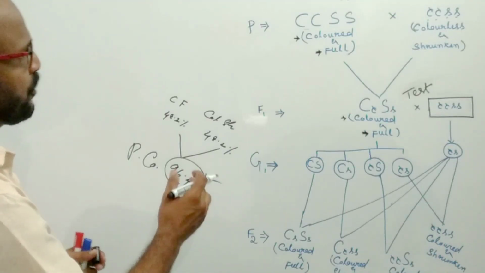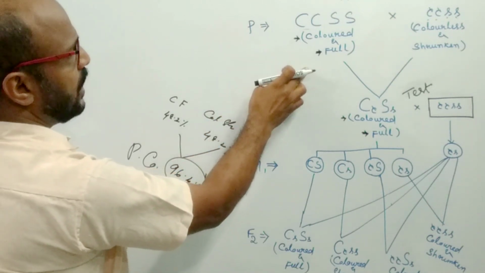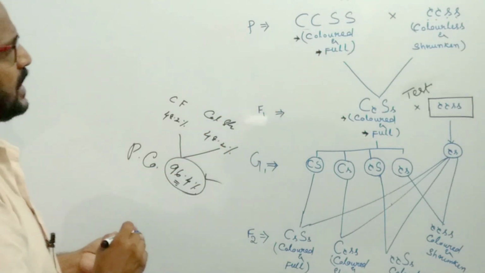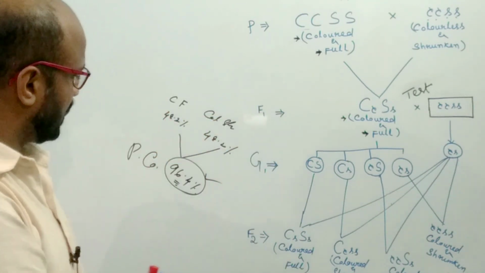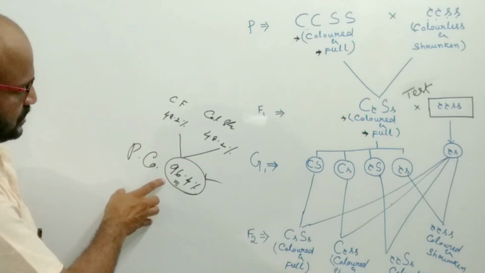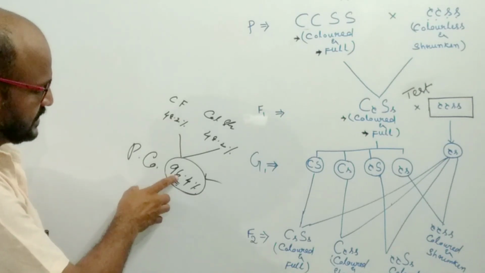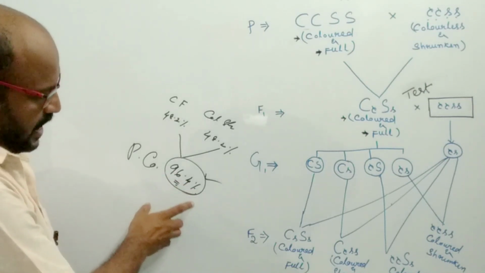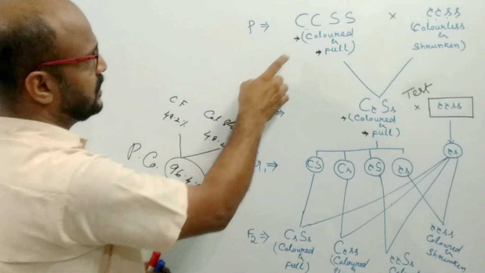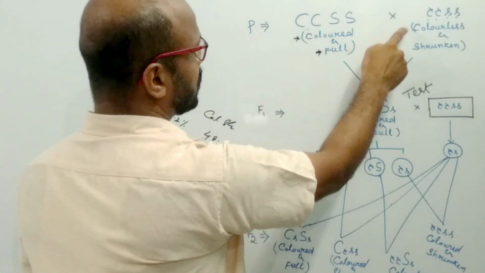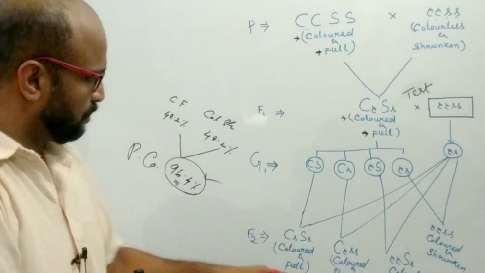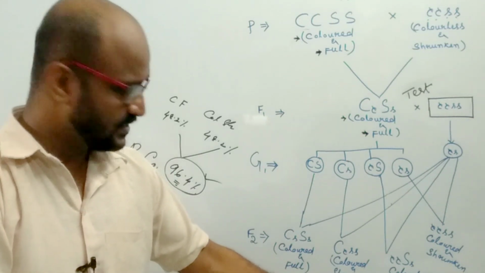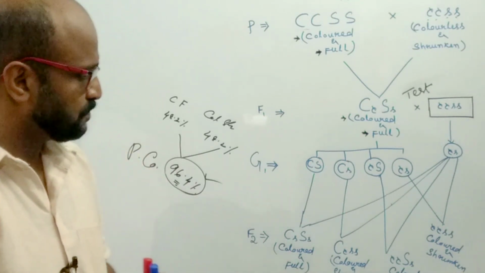Here Morgan pointed out that colored and full, and colorless and shrunken, are linked characters and are inherited together. That's why the parental combination was more numerous, 96.4%, while the non-parental characters, colored and shrunken, colorless and full, had a very small percentage, 3.6%.